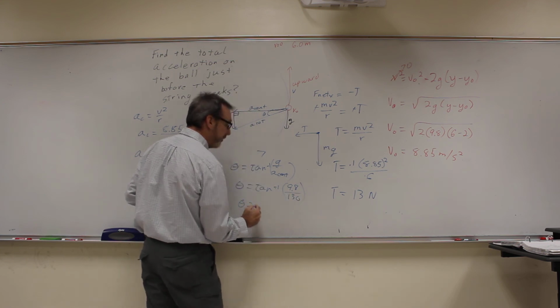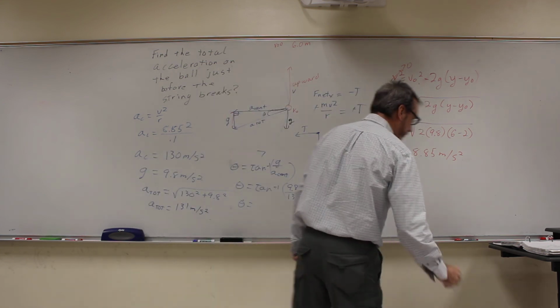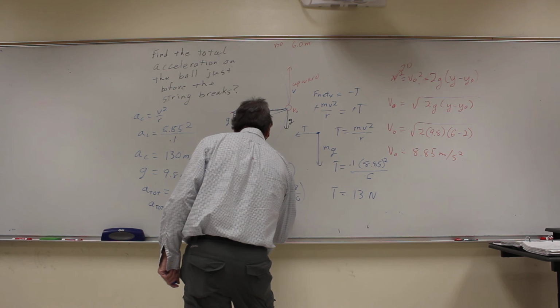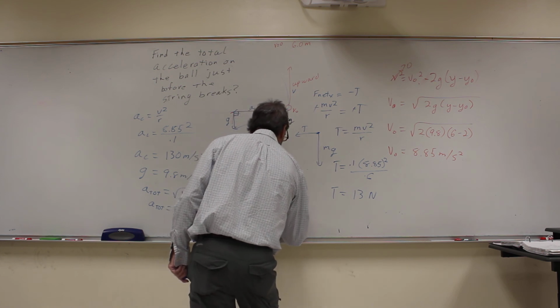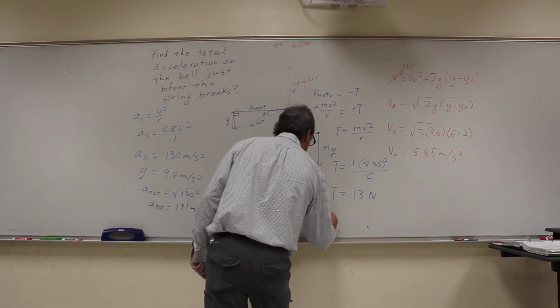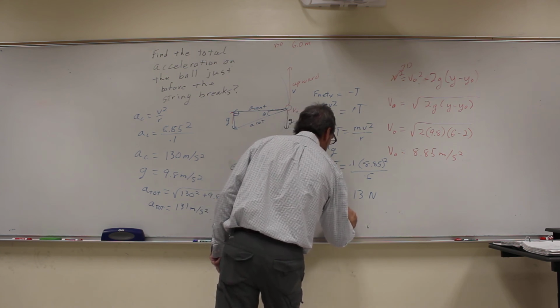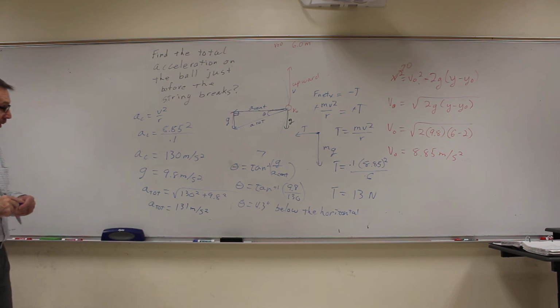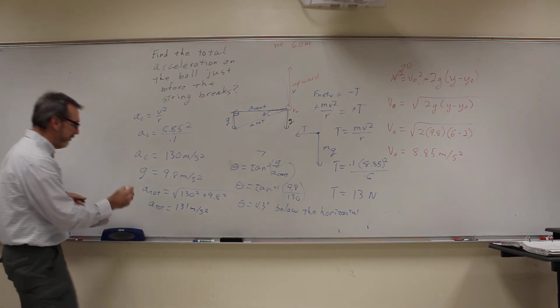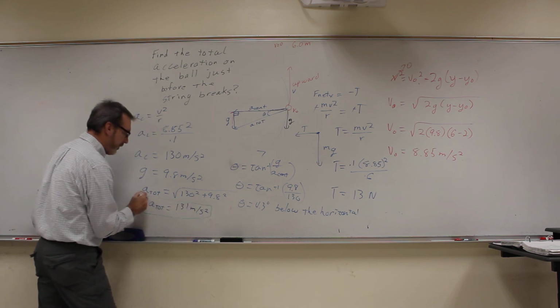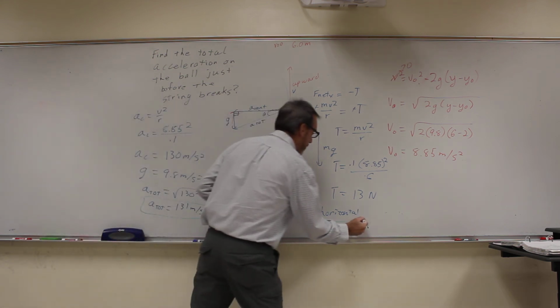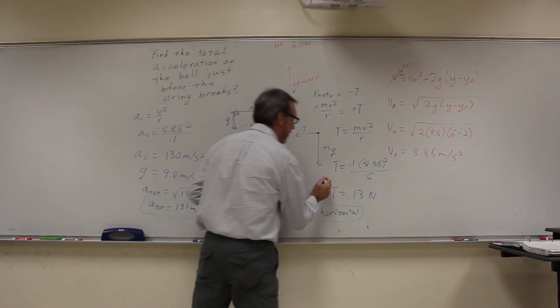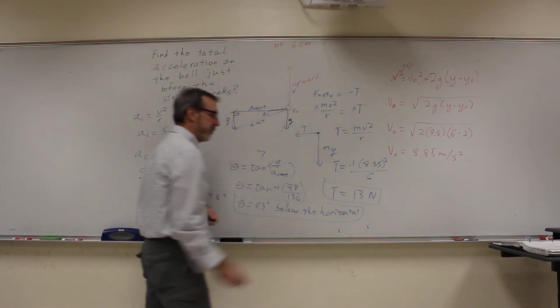And I get my angle is equal to 4.3 degrees below the horizontal. And that's how you would solve that. So the answer is going to be this and this. And our tension is 13 newtons.